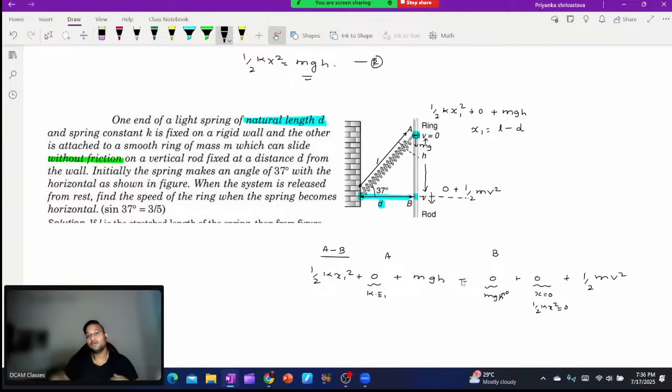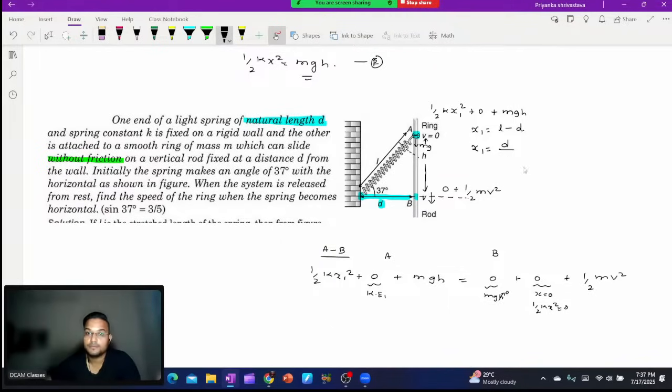But you have to write the value of h in terms of d only, because only d is given. x1 you have to find. L is what? D by sine 37, no? D by cos 37, sorry. Wait.